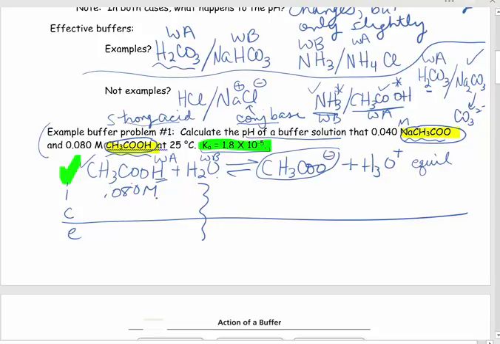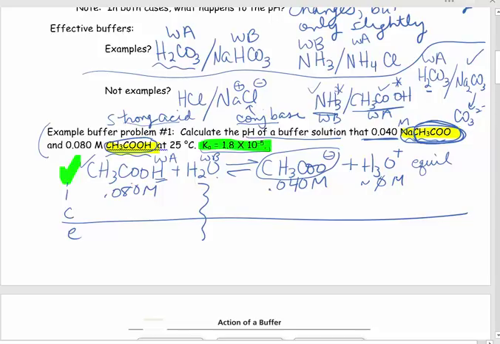And so 0.08 molar for the acetic acid, and the initial concentration of the acetate, or the CH3COO-, is 0.04. So in this case we have two that have an initial concentration. And our hydronium we'll still say is approximately 0.